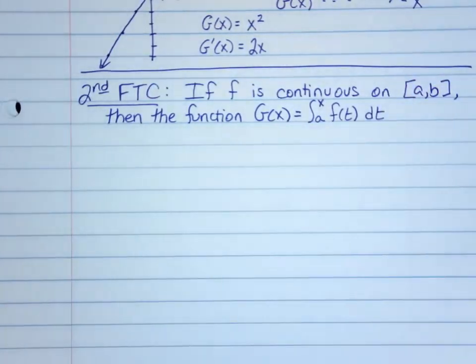Now wait just a minute. Doesn't that look like the function we just dealt with? Yeah, looks very similar. But it has an a at the bottom, and the reason it does is that the bottom number does not have to be a 0. It can be any constant. So they put an a there.